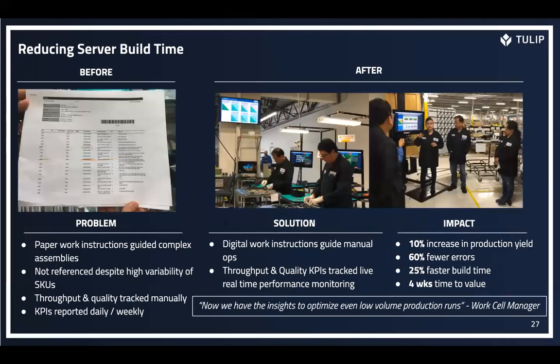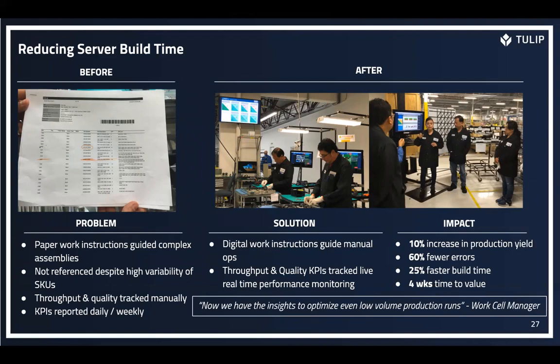This is a case of a contract manufacturer we've worked with who specializes in making complex electronics. The problem they faced was that their complex assemblies were guided by work instructions that didn't always have all of the information operators needed. Their production was tracked manually, and this led to a long, slow data chain. Their solution was to use digital work instructions that guided operators through each of their assemblies.